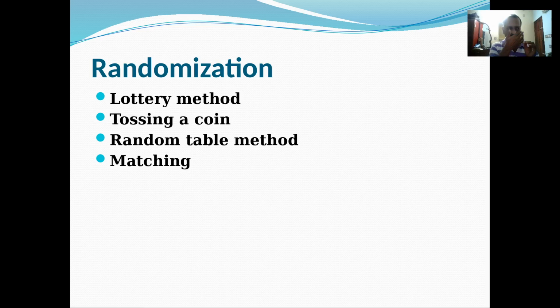Then there is a term called matching. Matching means when we select a subject for the experimental group, we wait for another person with the same characteristics to allocate to the control group.